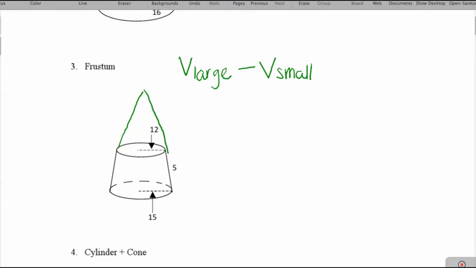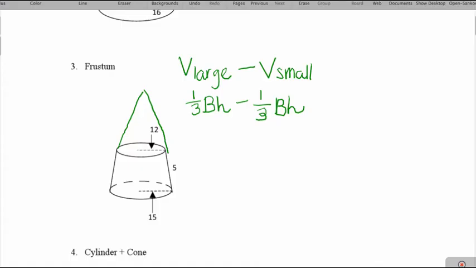Now recall that the volume of a cone is equal to 1/3 the area of the base times the height. So in order for us to get these volumes, we need to somehow figure out the heights of our two cones.